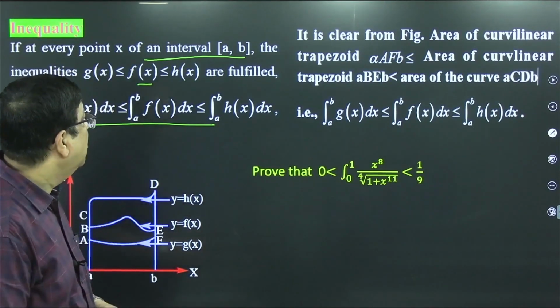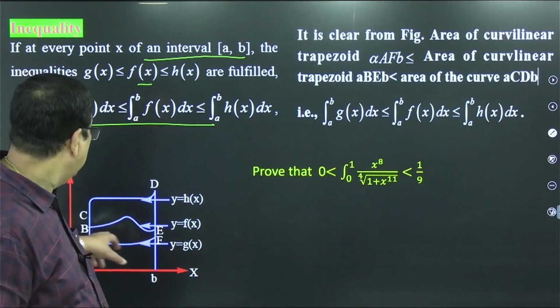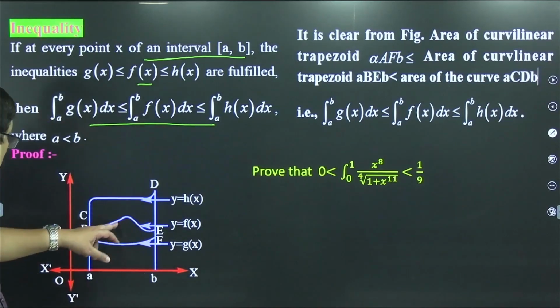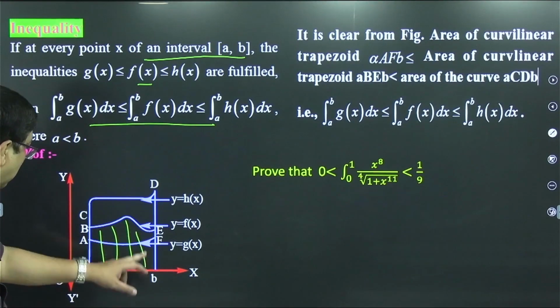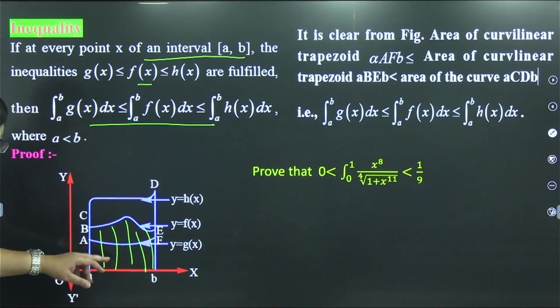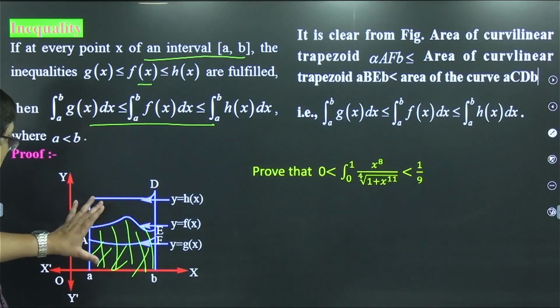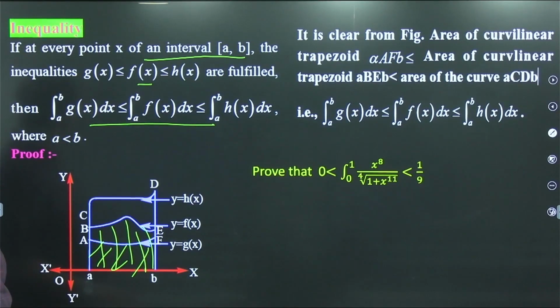Okay. So in this case, everybody, just see one thing. This is the area of f(x), so this is lying between the area of g(x) and the area of h(x).